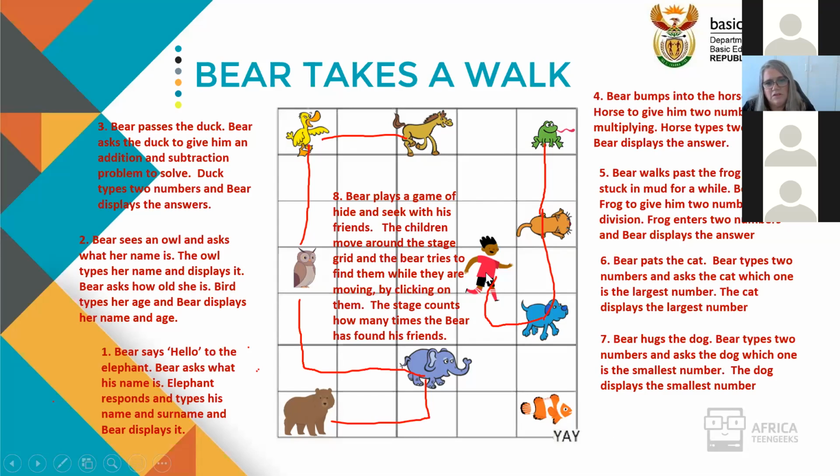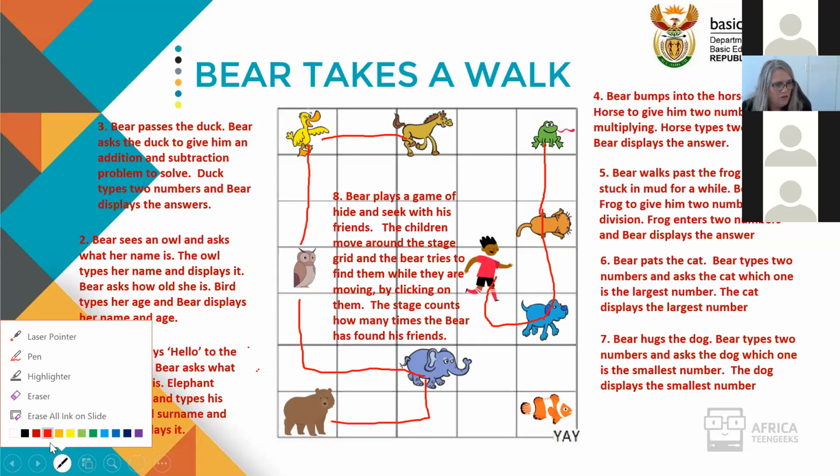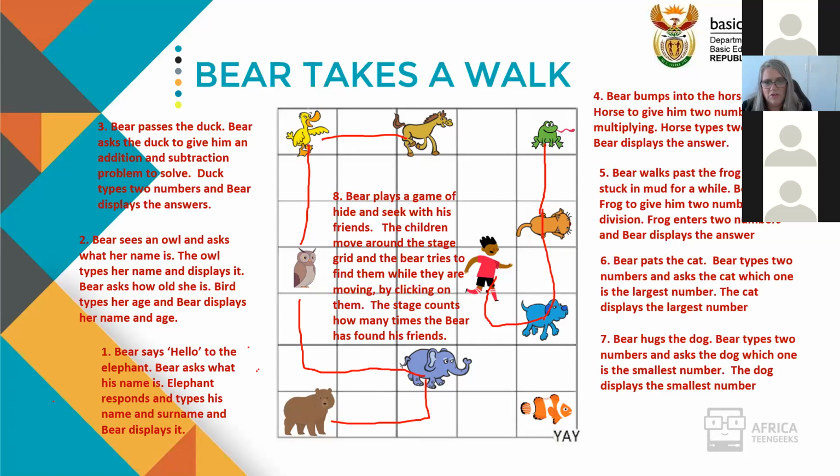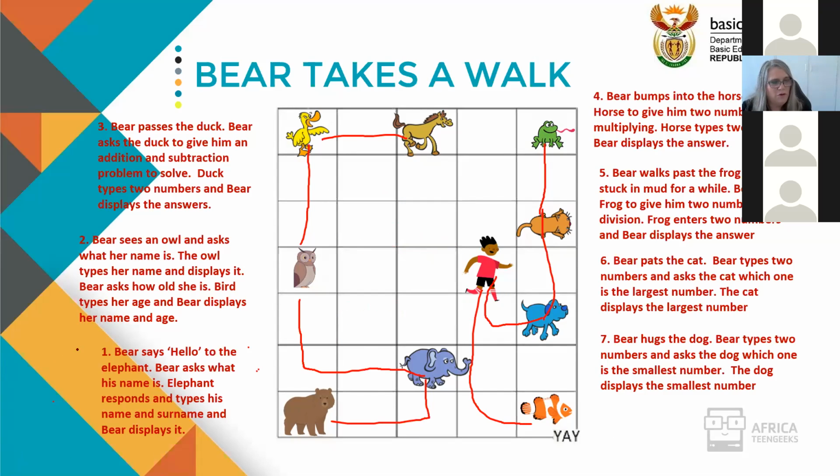Basically, it's going to be like a cat and mouse game. So the boy's going to run around the stage, and the bear's going to try and catch him. And we're going to count how many times the bear can actually catch the boy on the stage. And then, last of all, the bear's going to go to the river and catch a fish. And that will be the end of the program.